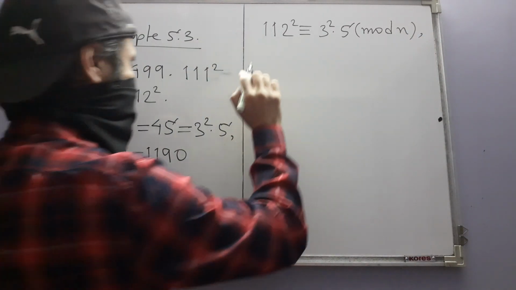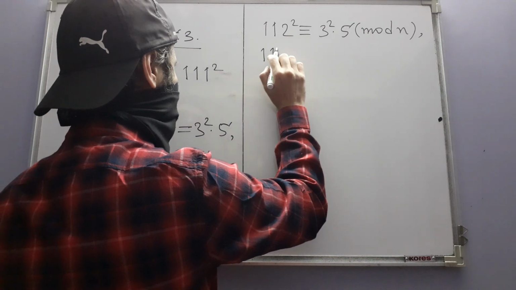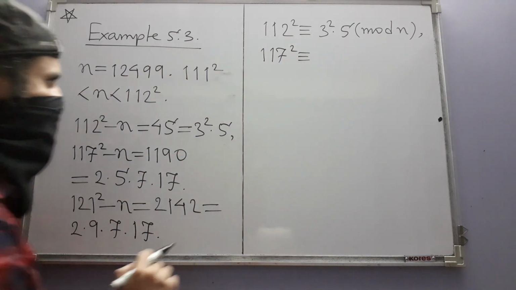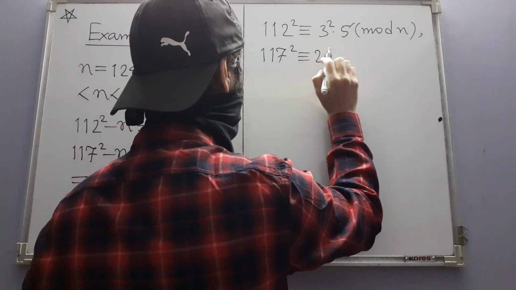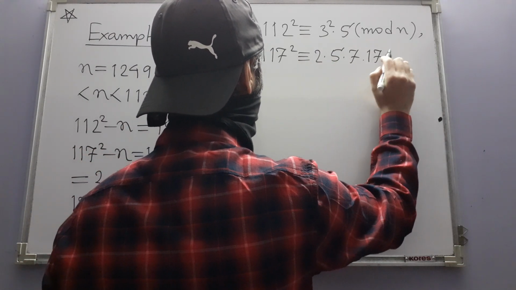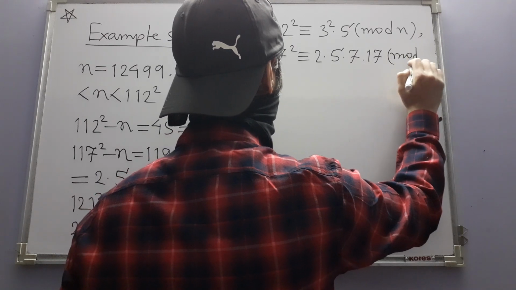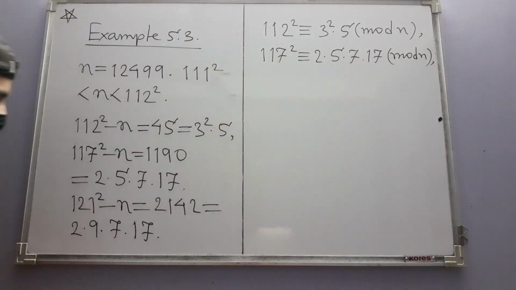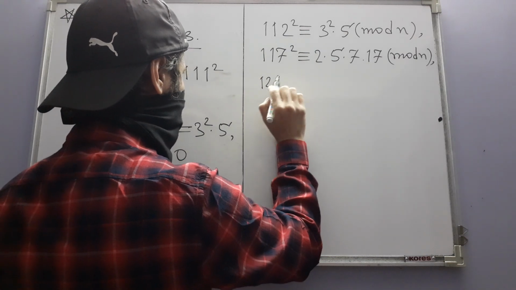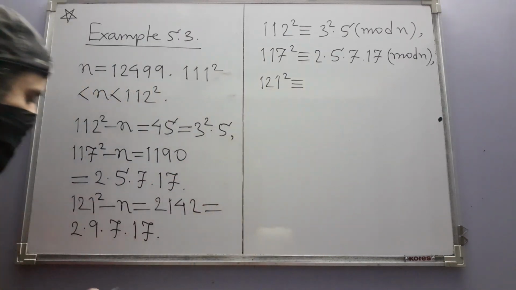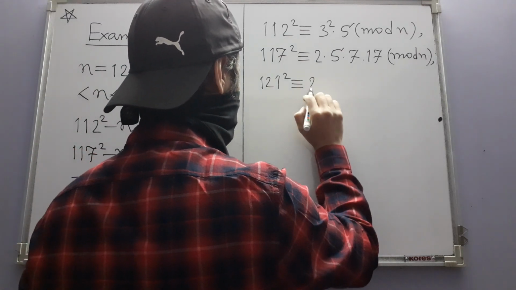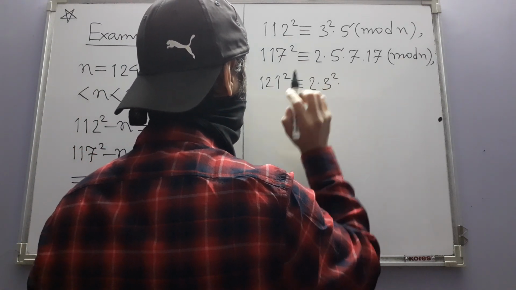Then 117 square is congruent to 2 times 5 times 7 times 17 mod n. And 121 square is congruent to 2 times 9 times 7 times 17. 9 of course we will write as 3 square.